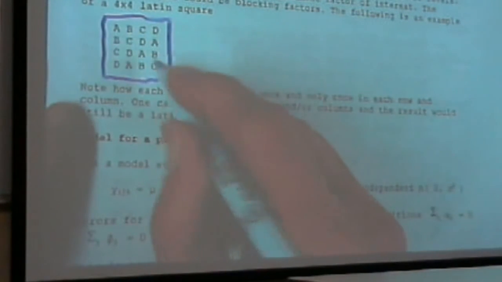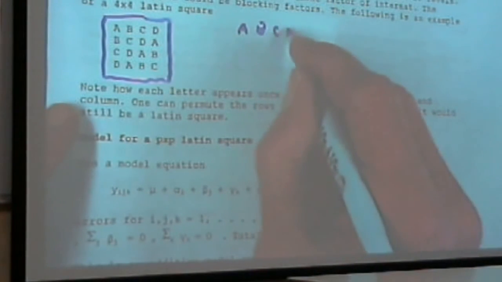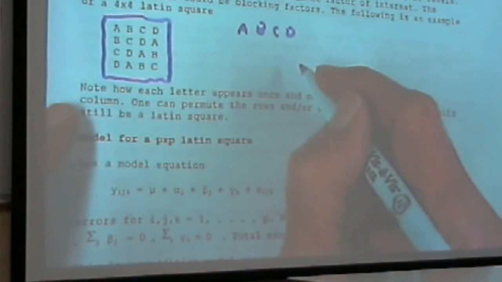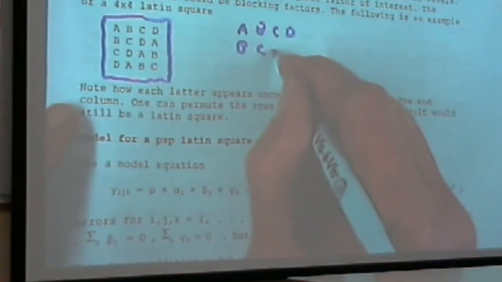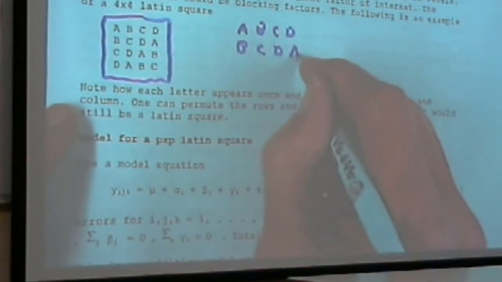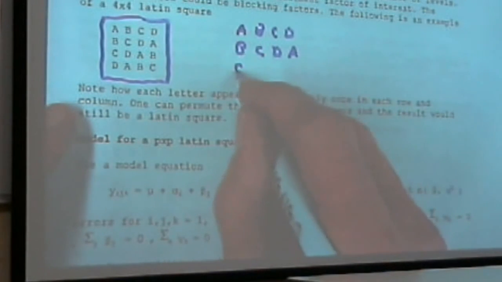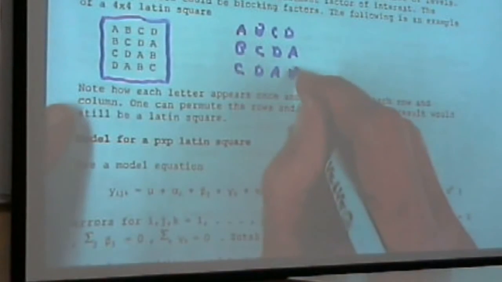This is an easy one to form because I just started with A, B, C, D, and then slide the letters off to the left. Start with B, C, D, and put A on this end. And slide this row to the left, C, D, A, and then put the D on the end.